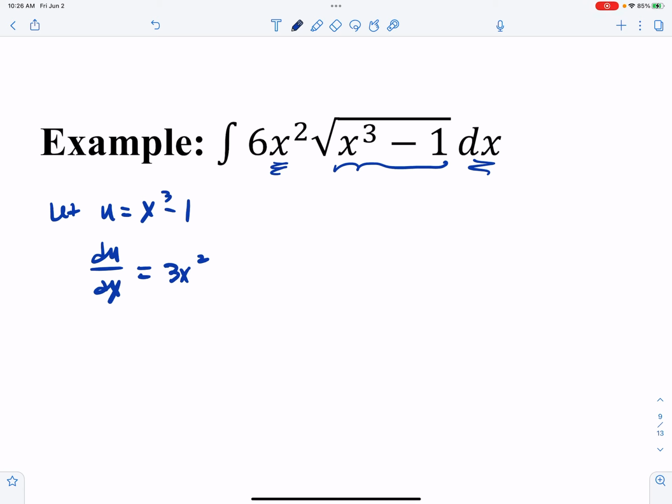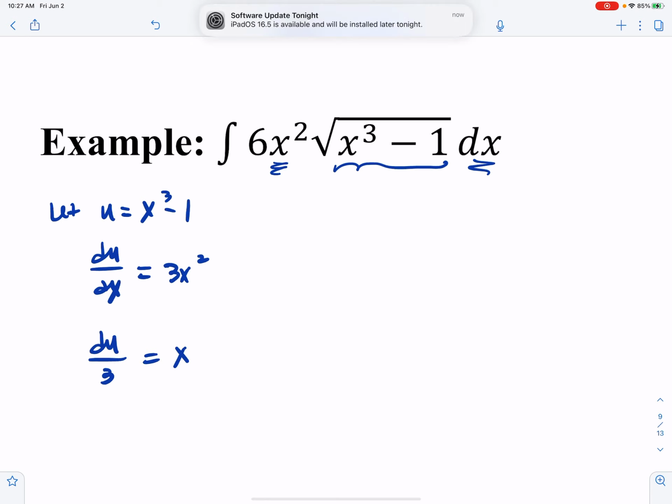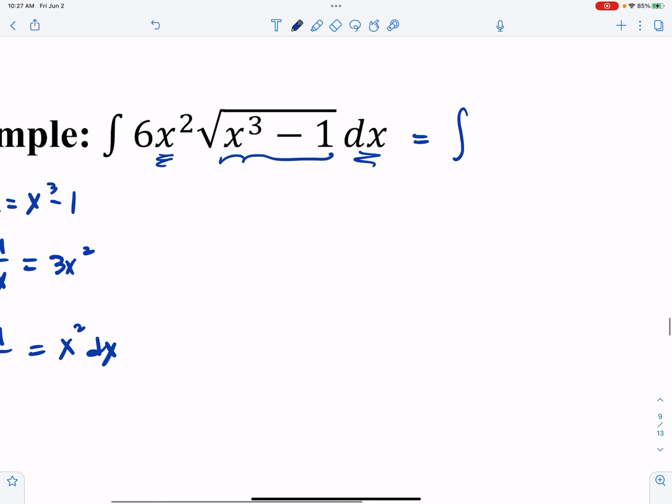So we could rewrite this as du over 3 equals x squared dx. So then when we go to rewrite the integral, the 6 is still there, but the x squared dx gets replaced.